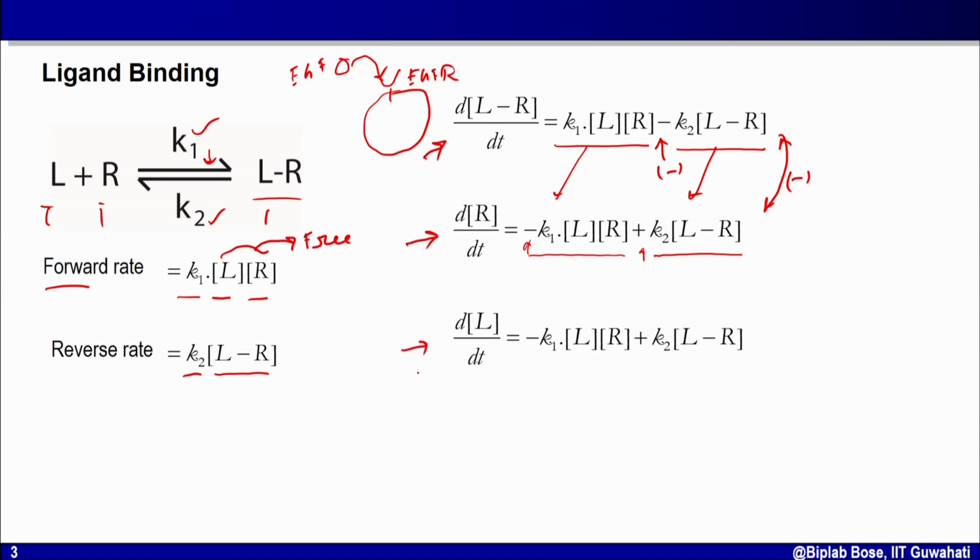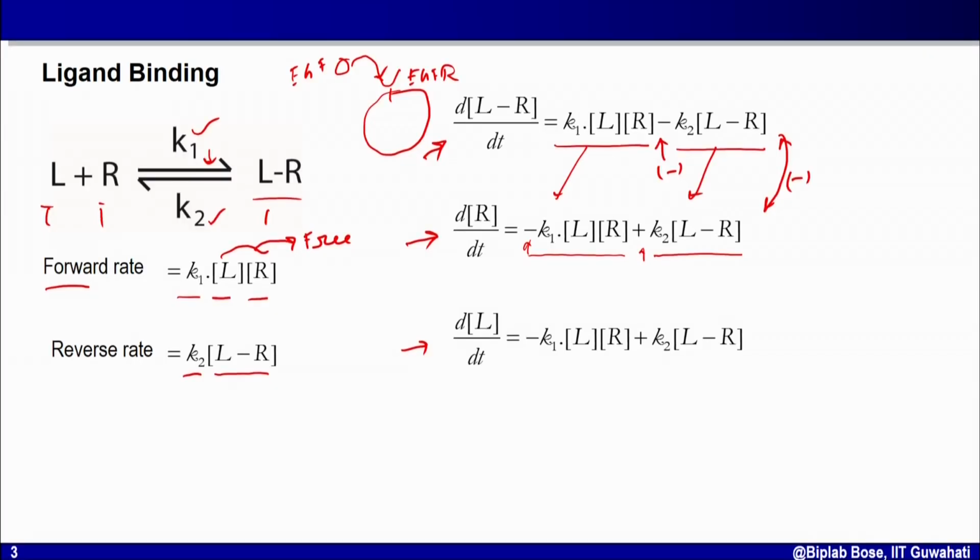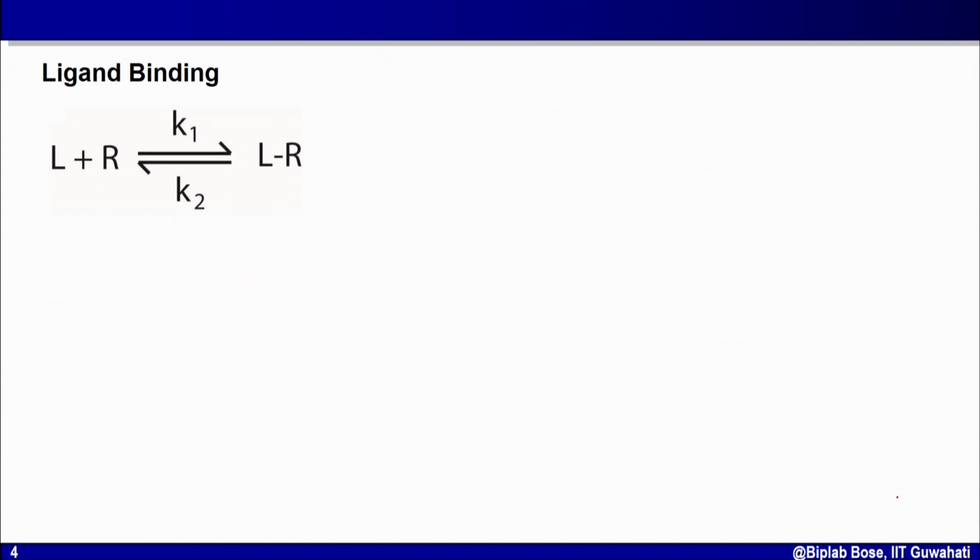So d[L]/dt, representing the rate of change of concentration of free ligand, is minus K1 [L][R], because by the forward reaction free L is getting used up, plus K2 into [LR], the concentration of complex, because by this reverse process free ligand is formed. So I have written down three ODEs, for the free ligand, the free receptor, and also for the complex LR.